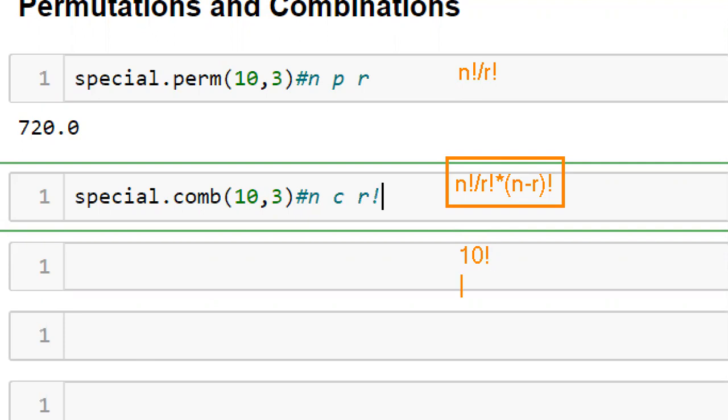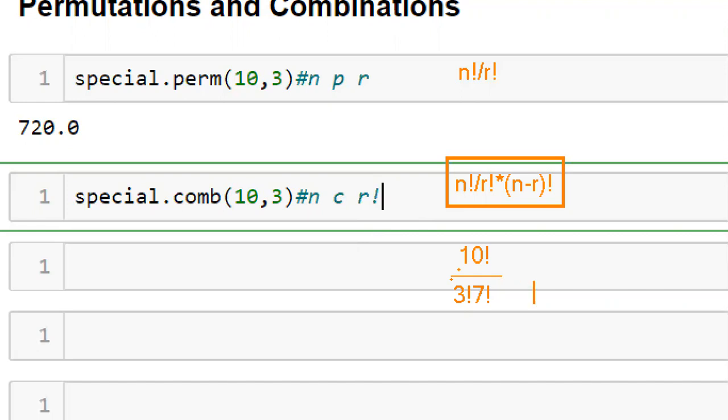Then you need to find r factorial. My r value is 3, so here we'll write 3 factorial multiplied by (n minus r), that is nothing but 7 factorial.